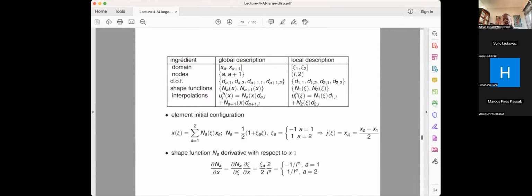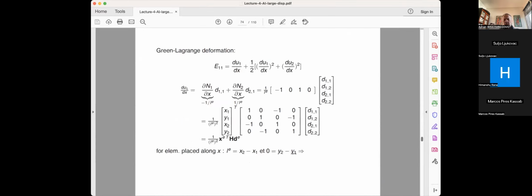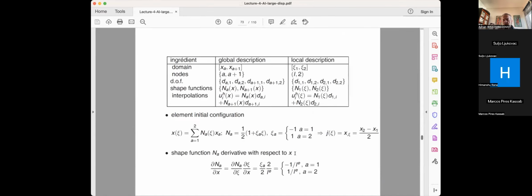So once you have obtained the representation of your initial configuration with the natural coordinates, you take the same interpolation for the displacement field. And so basically you can see that in large deformation it's quite handy, because the current configuration is simply the sum of these displacements and the corresponding coordinates multiplied by the same shape function.